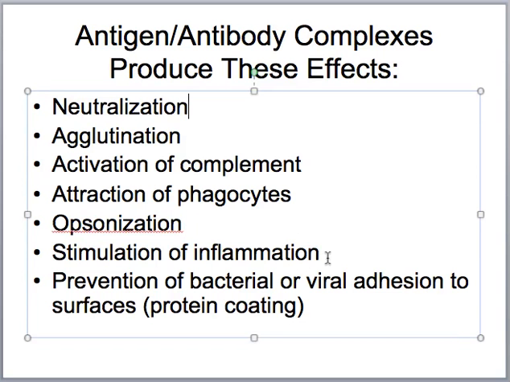It will stimulate the inflammation process, which will help get rid of these antigens, and these antigen-antibody complexes will prevent the bacterium or virus from adhering to the surfaces of the body because they form a coat around those antigens and help prevent binding.